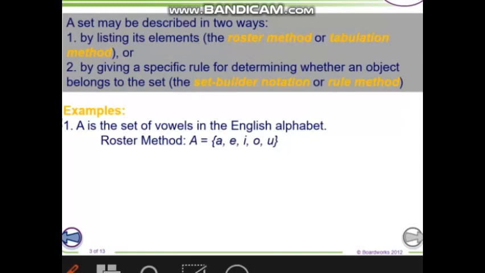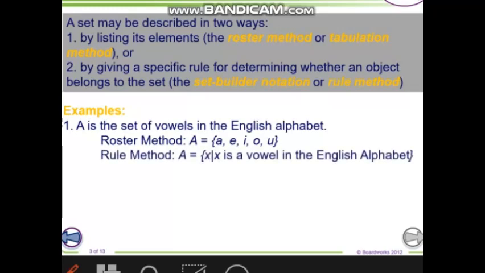So we have A is the set A, E, I, O, and U. Next, for the rule method or the set builder notation, we have A is equal to x, such that x is a vowel in the English alphabet.